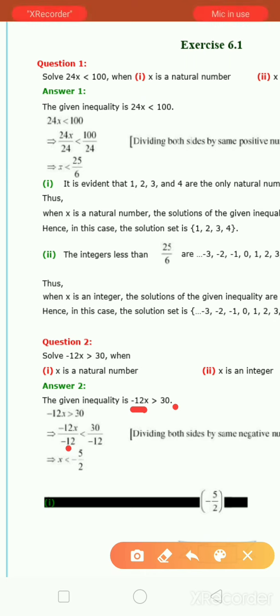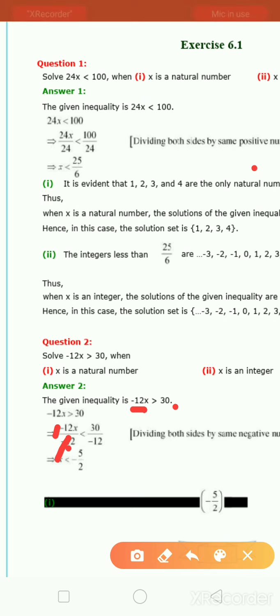The minus and minus cancel, and 12 and 12 cancel. So x is less than or equal to 30 divided by minus 12. Simplify it: we'll get minus 5 by 2.